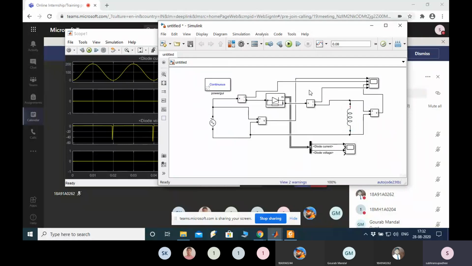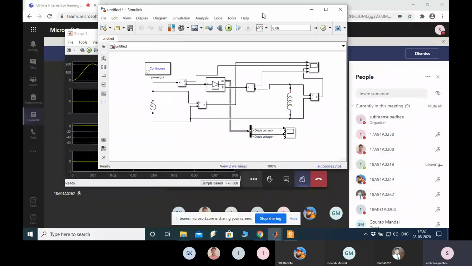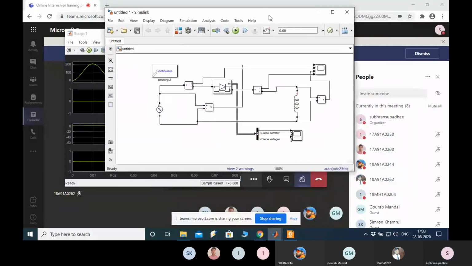This is a simple rectifier with L load. Now let's see the theoretical background of it.